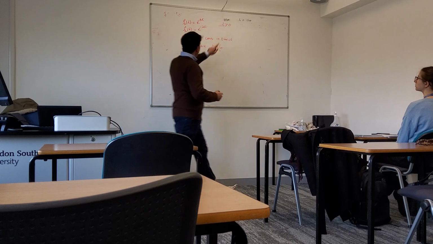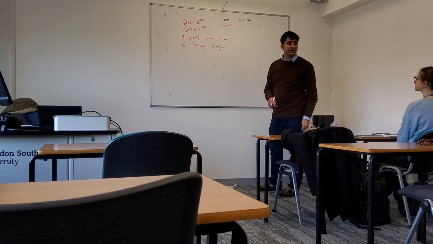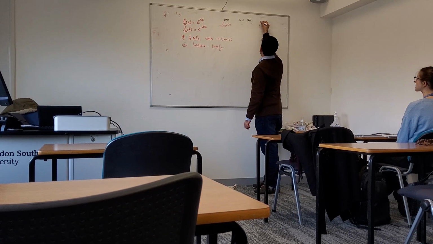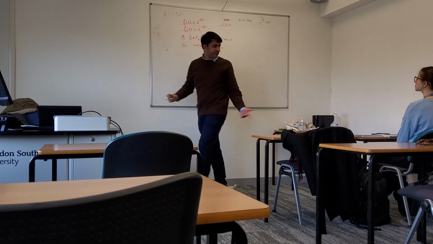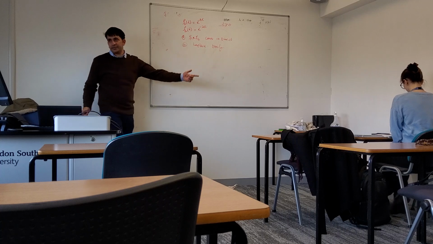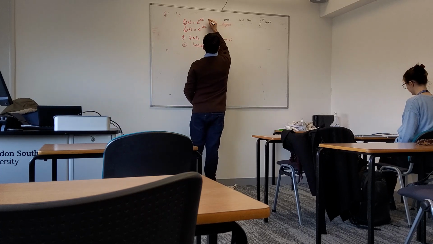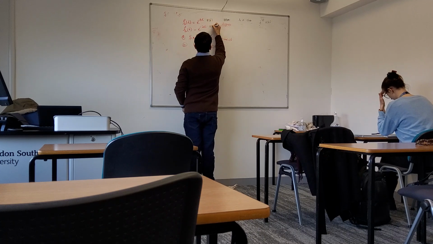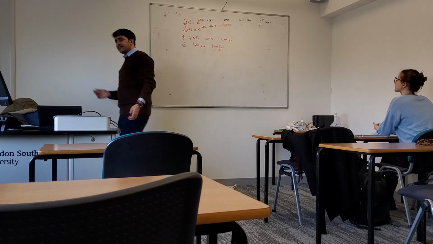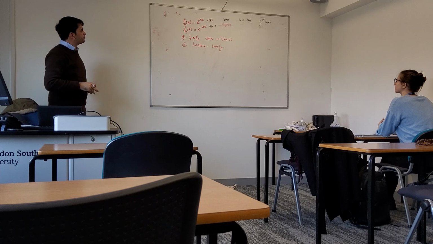And like I said, here I wrote t greater than 0, right? I could have written e power minus 3t u of t. I don't need to mention t greater than 0, because I know that the unit step is for t greater than 0. So it's the same thing, from 0 to infinity.